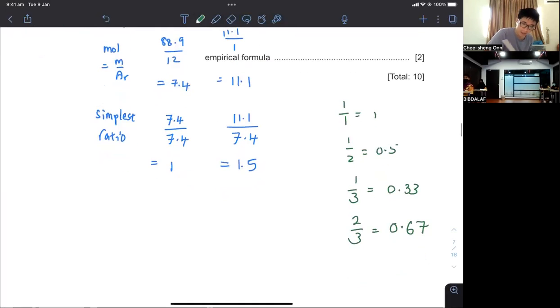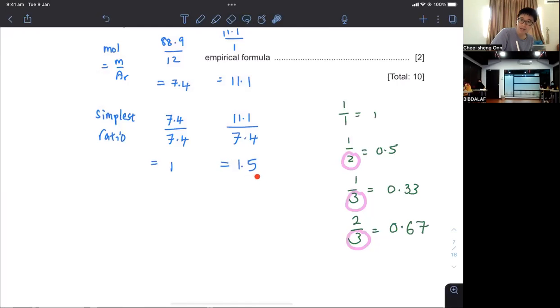Whenever you get numbers like 0.49, 0.48, or 0.51, 0.52, something very close to 0.33 like 0.3, 0.35, something very close to 0.67 like 0.68, 0.65, 0.66, you should be thinking about this number at the bottom. This is called the denominator in fractions.